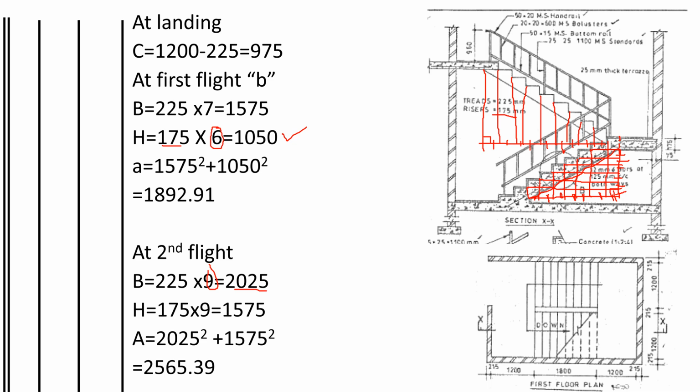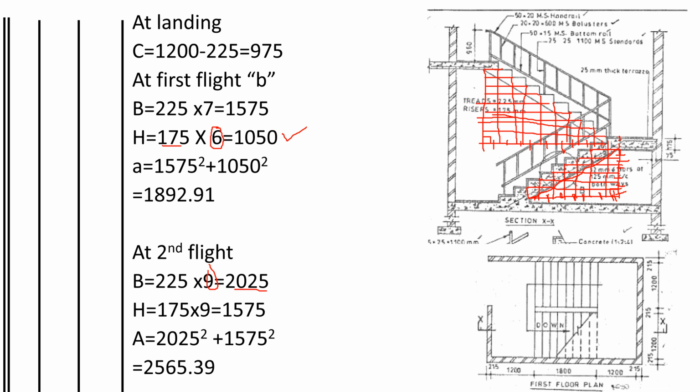How many risers make up the height of this triangle? You see, it starts from this one. So we extend this one. We extend. Use straight lines. Mine are not so straight.